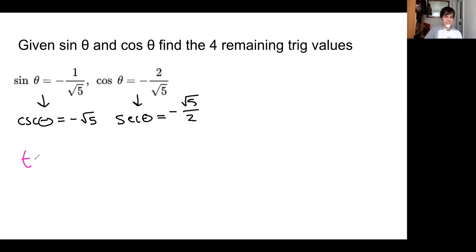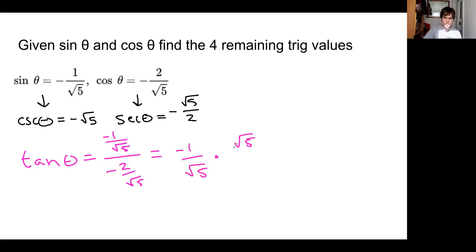I'm going to do tangent first, just because I feel like it. Tangent is sine over cosine, using my quotient identity. So that's -1 over √5 over -2 over √5. Change that to multiplication times √5 over 2.